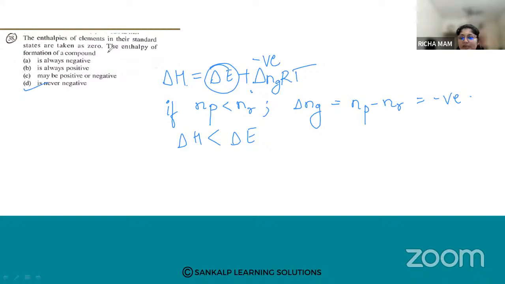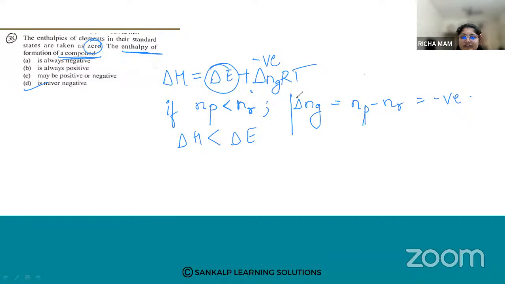The enthalpies of elements in their standard states are taken as zero. So when you are doing the formation of a compound, reactants give product. The number of moles of product should be less than the number of moles of reactant, so the change in number of moles of gas is the number of moles of product minus number of moles of reactant.